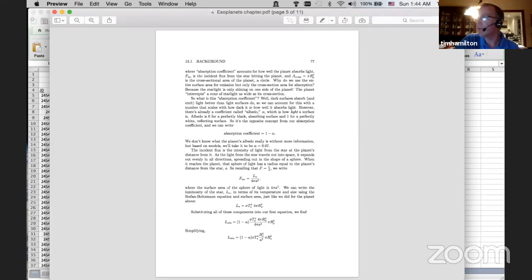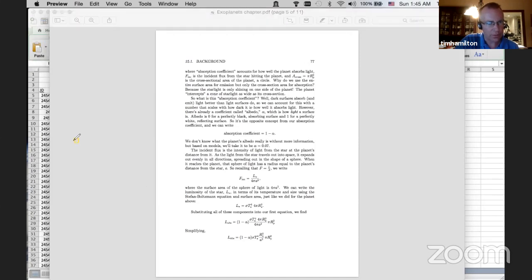If we have the star in yellow, I don't know if that comes out very well, it's over there on the left side of the page in the gray. And it emits light in a big sphere out here, like that.